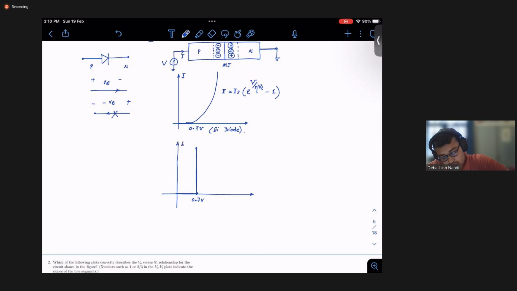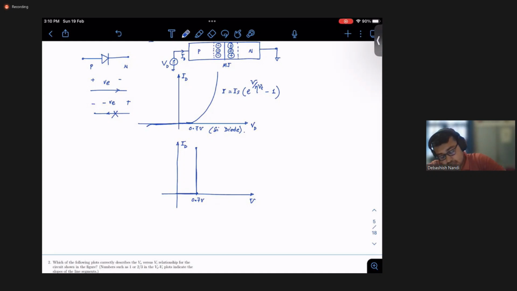This is called, let's call it ID versus VD, right? It will be better. This is ID, and also on this side there will be very small current, so we can assume that this is, I'm not showing the breakdown or anything.